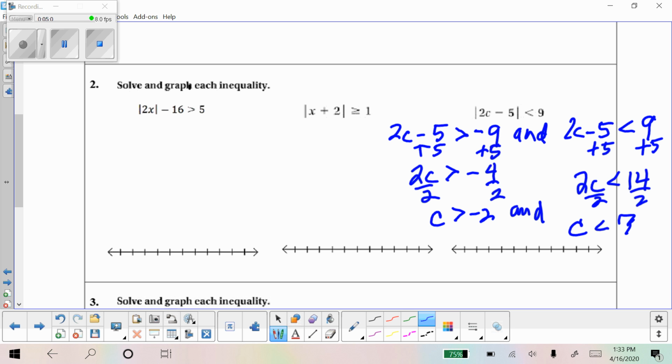Let's say negative 2 is right there. Greater than would be going this way, and we're going to go all the way up till we get to 7, and that would be, I think, somewhere around there. And then we're going to color in between because it's an AND situation.